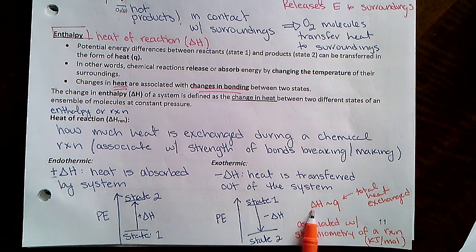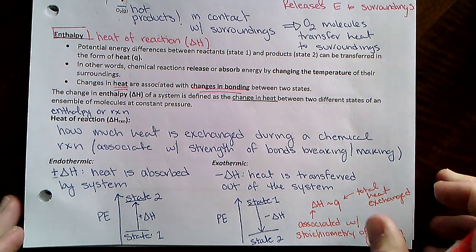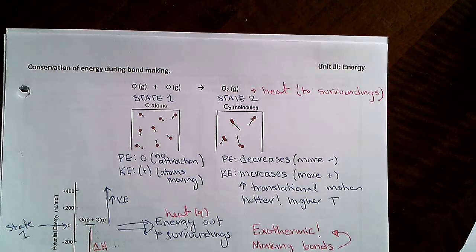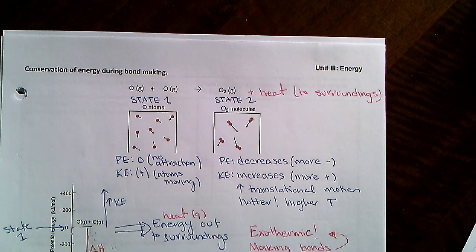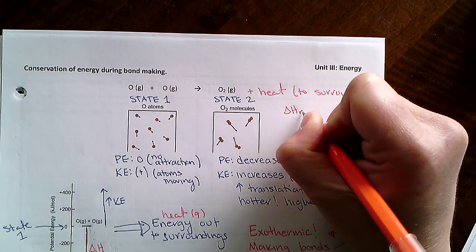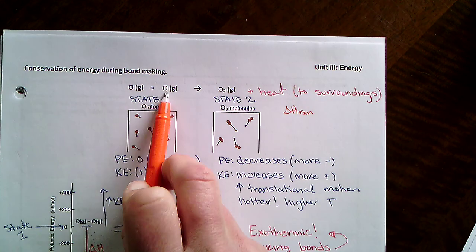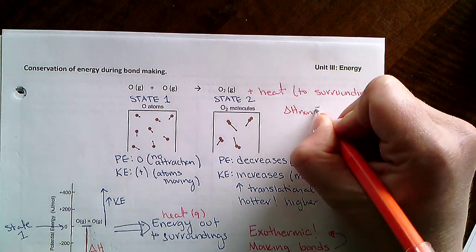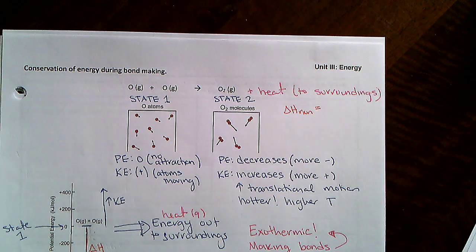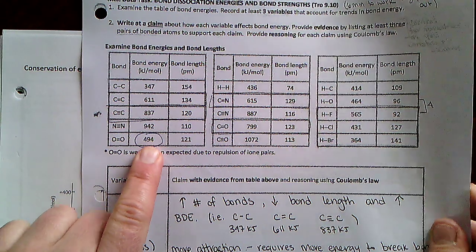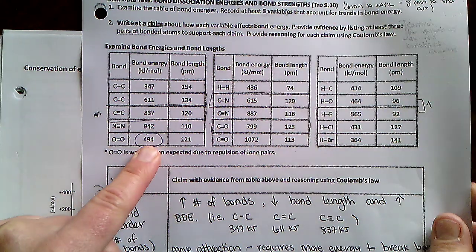What do I mean that delta H, or the heat of the reaction, is associated with the stoichiometry of the reaction? What I mean is that like the delta H of this reaction, two oxygen atoms forming a bond, we already saw that the bond energy of separating two oxygen atoms is plus 494.